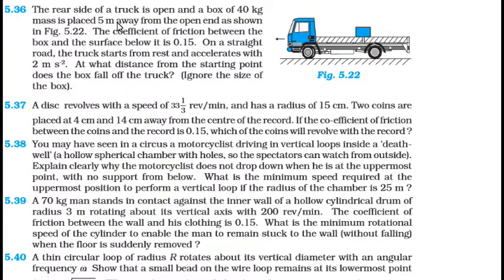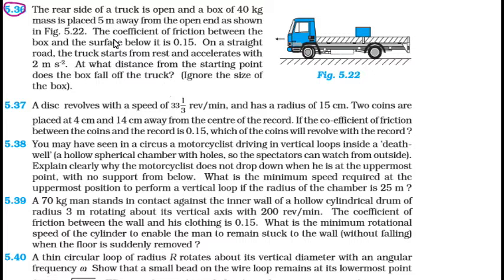The next question we will solve is question number 5.36. The rear side of the truck is open and a box of 40 kg mass is placed 5 meter away from the open end, as shown in figure 5.22.